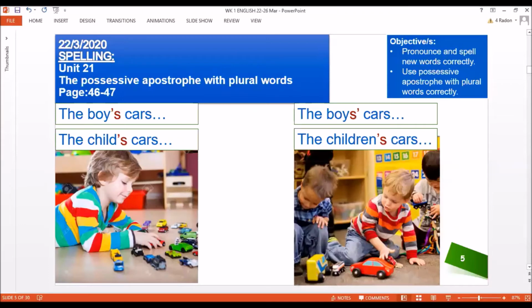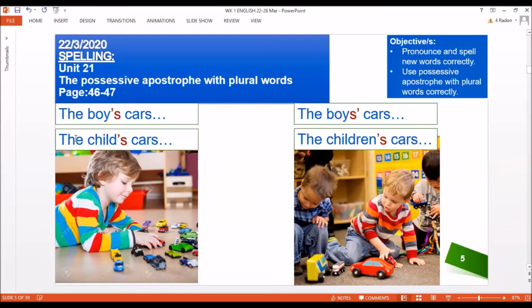Now, let's go to our lesson. So here on the first picture, we have one boy. So we write the boy's cars. Instead of saying the cars are owned by the boy or the cars belong to the boy, we can simply write the boy apostrophe s cars because the apostrophe s here shows us who owns the cars, which is the boy.